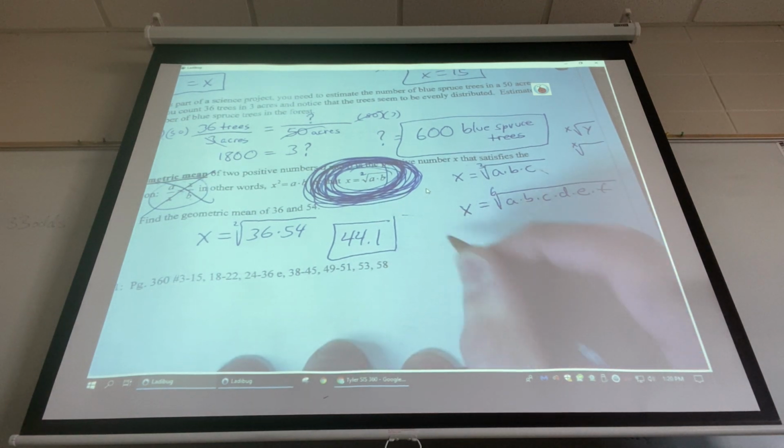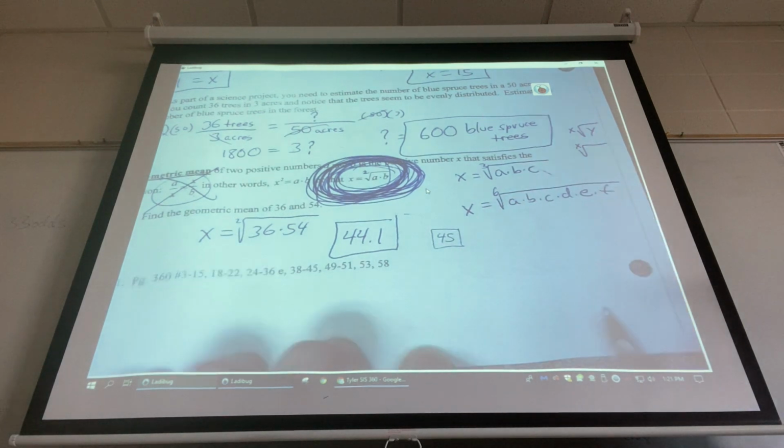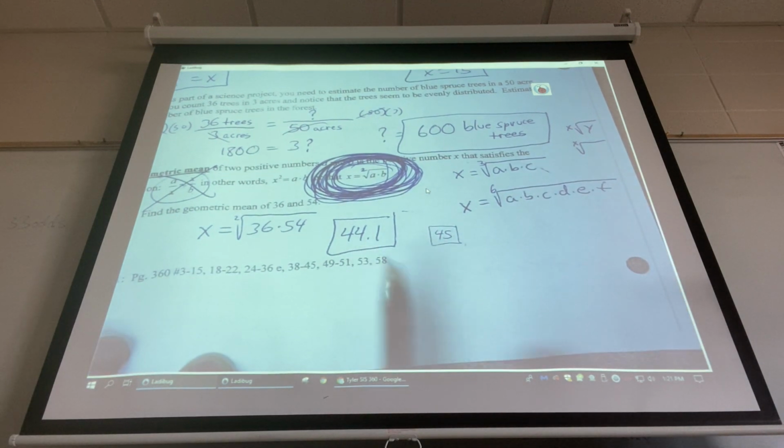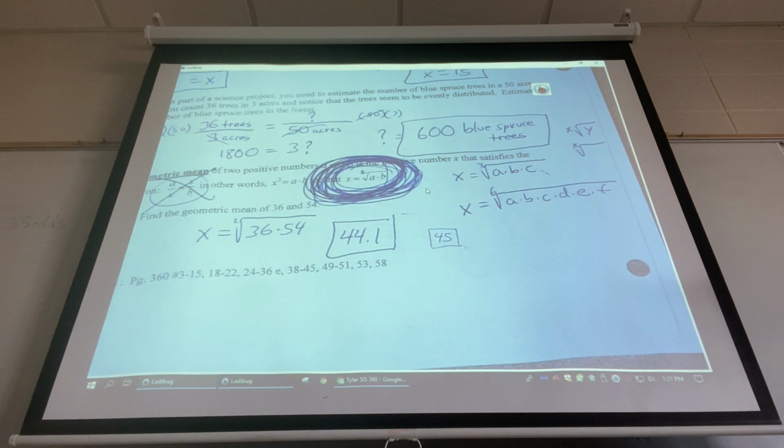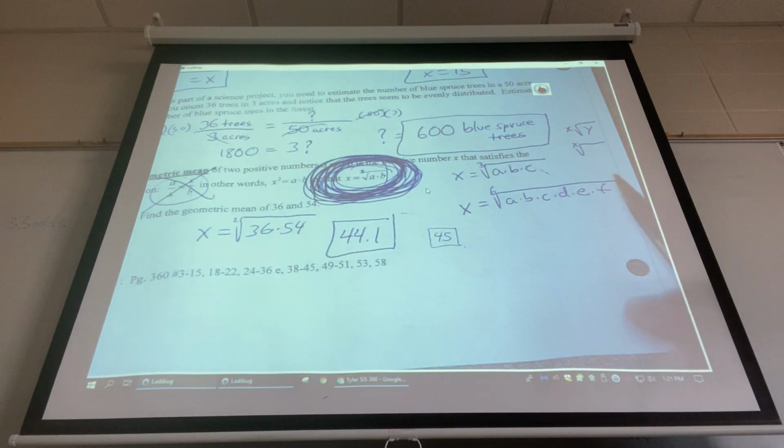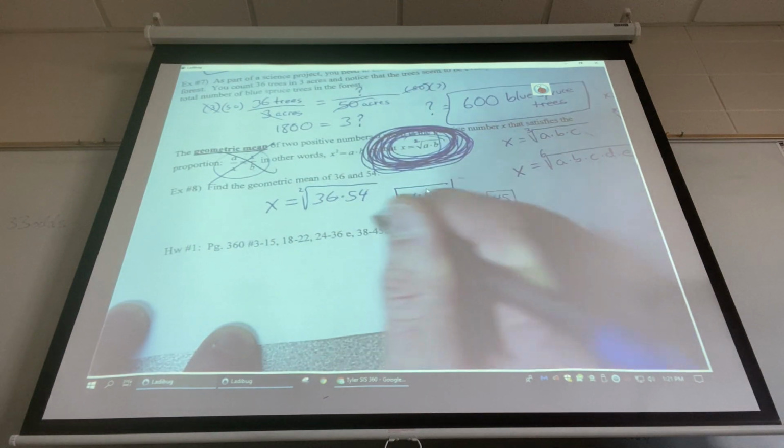Yeah, it turns out the normal average that we think of would be 45. So see how it's a little bit different? Turns out that some data is better related to an arithmetic mean, the one that we're more used to, but other data that involves multiplication, typically you can do a geometric mean and get that as well. So, ladies and gentlemen, there's the practice for you.